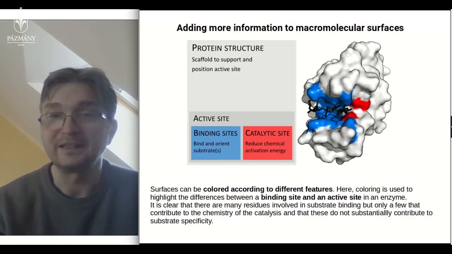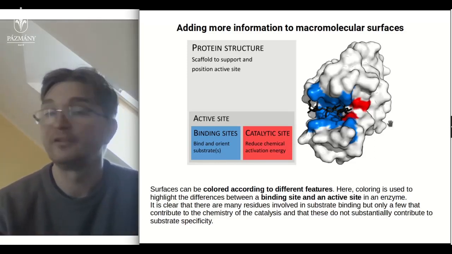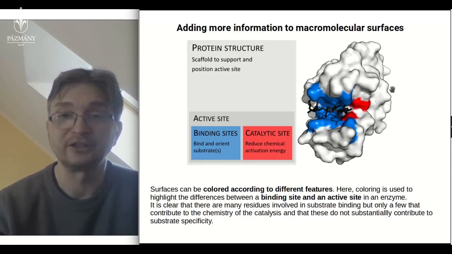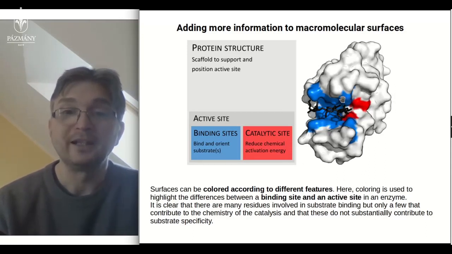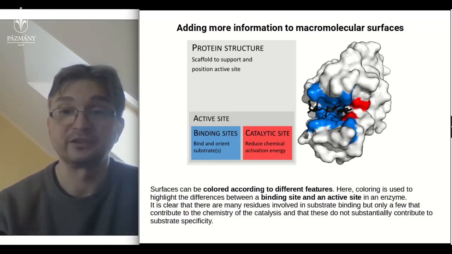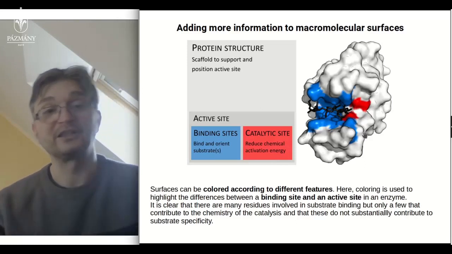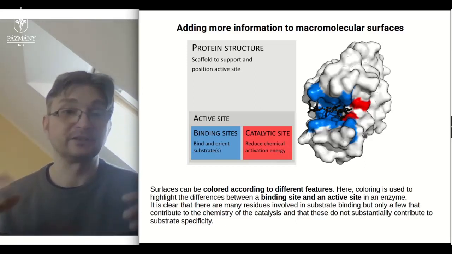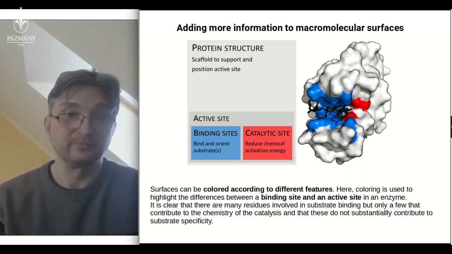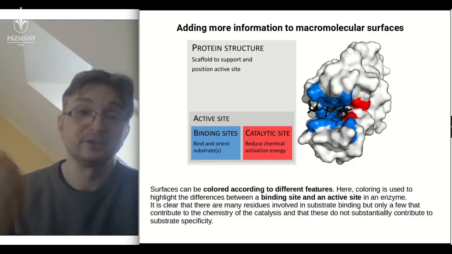You can see that this is an enzyme. Here we have the substrate with stick representation. This is kind of an all-atom representation. We have the surface representation of the protein, and the part of the surface that is contributed by the residues in the binding site is colored blue, and the catalytic residues are colored red. And it's clear that the substrate is bound by the blue residues, but the chemistry, the catalysis, is actually performed by the red residues.